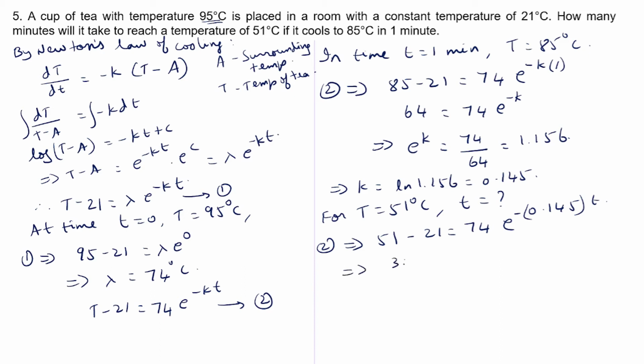So from this we get 30 upon 74 equal to e raised to minus 0.145 t. Or we have e raised to 0.145 t equal to 74 upon 30, which is equal to 2.47.